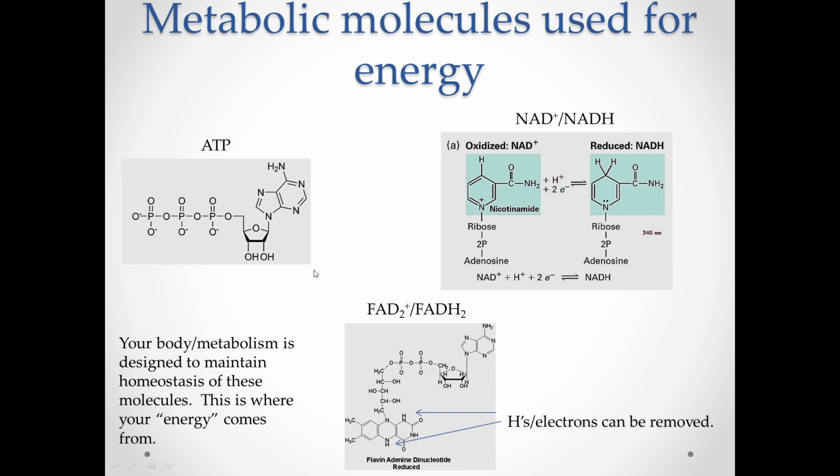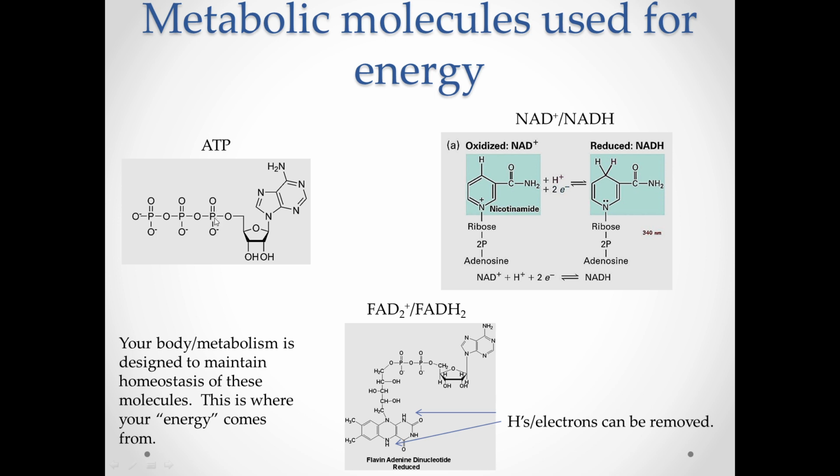Now, before we begin to discuss individual metabolic pathways, there's three important molecules that require introduction. The first one is ATP. ATP is a high energy molecule, and it's considered a primary source of energy for the cell. The reason why it's considered a primary source of energy is because it has 3 phosphates attached to it.